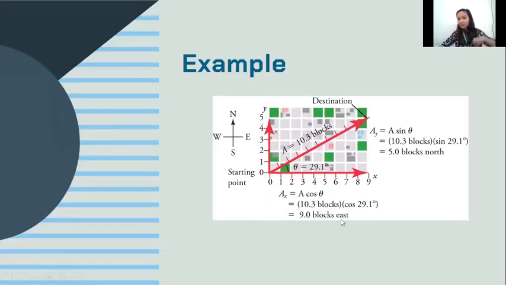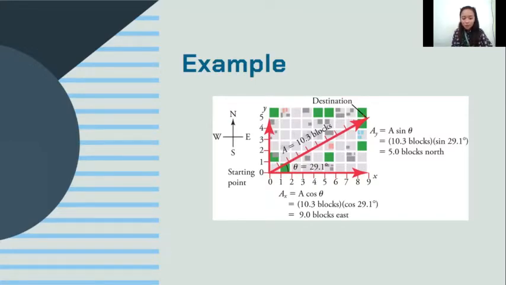The difference between the graphical and the analytical method is that the graphical method does not undergo solving. You just use your ruler and your protractor to look for your resultant vector and your angle. Unlike the analytical method, which goes through solving. So you have to familiarize yourself with different equations that are useful for solving your resultant vectors and component vectors.